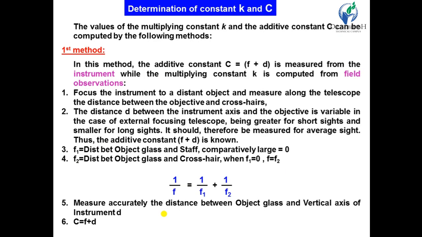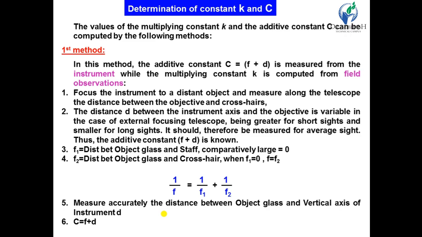As per the first method, we measure the distances F and D from the instrument, and the field constant K is given from the field instrument. For that, we have to focus the instrument on a distant object and measure along the telescope the distance between the objective and the cross hair.